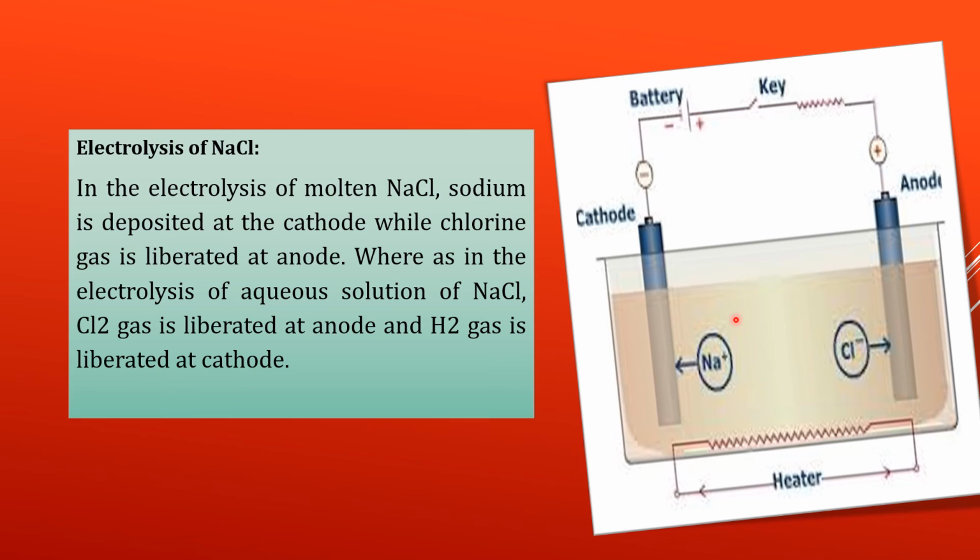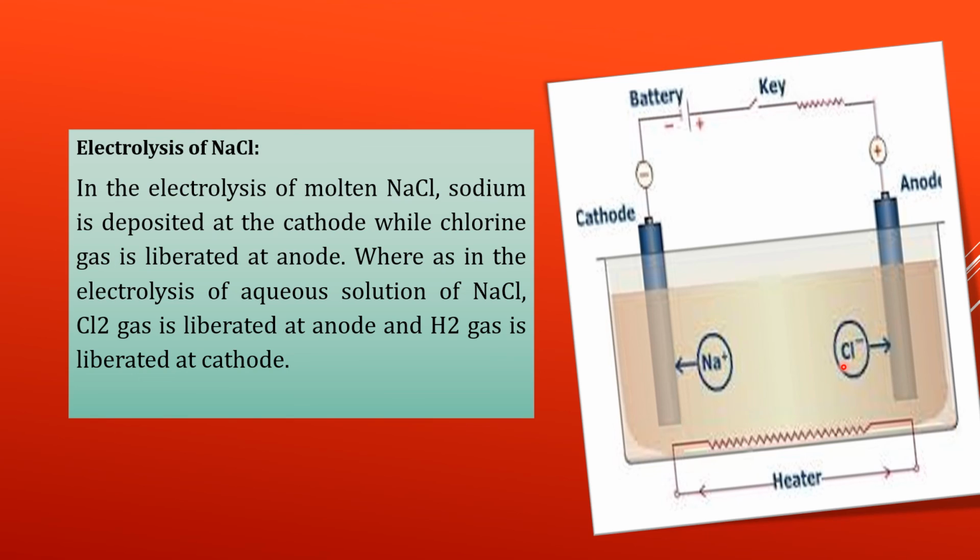Now see the diagram, everything is there. Voltmeter, electrolyte, obviously molten NaCl has been taken as the electrolyte. This is the cathode. After the dissociation of one NaCl molecule, Na plus will go to the cathode. It will collect one electron and it will be neutralized as sodium metal.